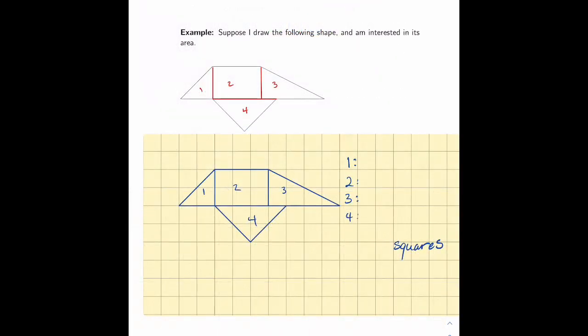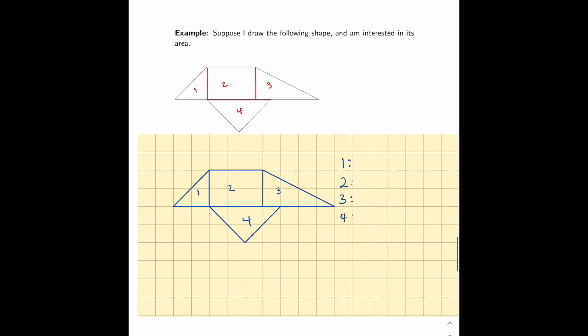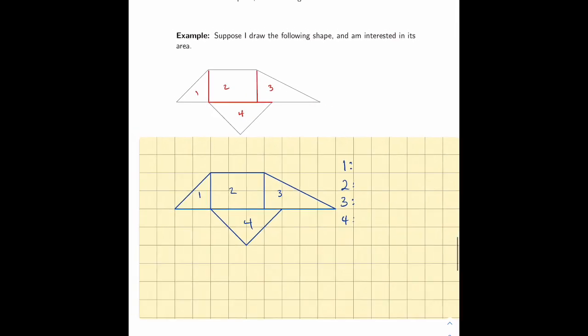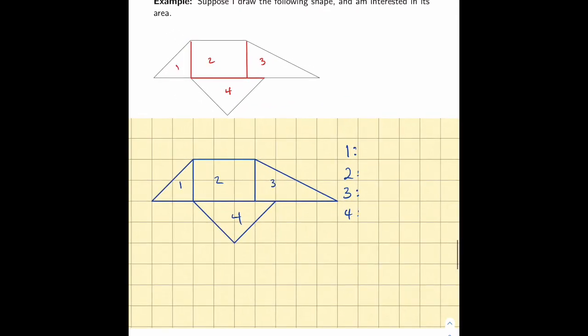Okay, I just took a moment off screen to draw this because I was having some trouble fussing with it with my pen. So I'm just going to measure or calculate or count, depending on what level the kids are at, each of these areas separately. And for area 1, it's a triangle.